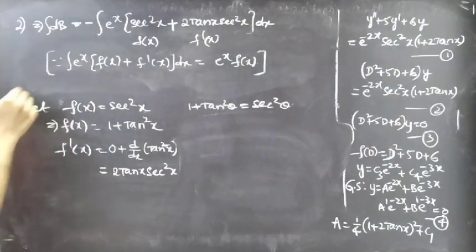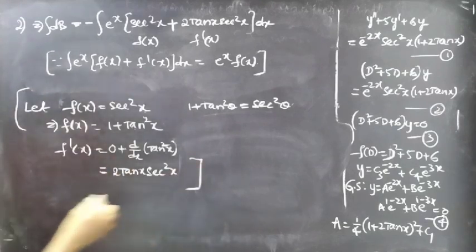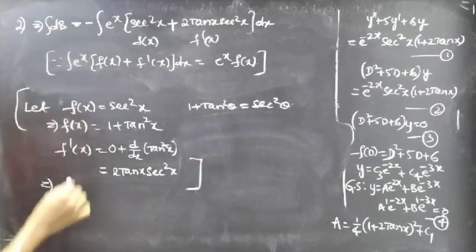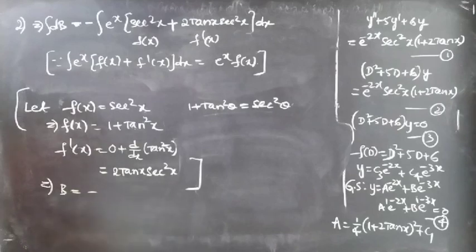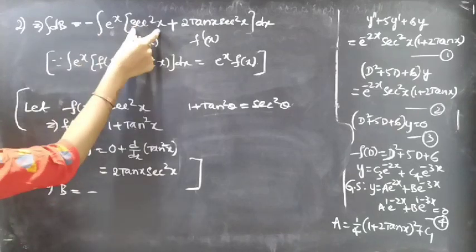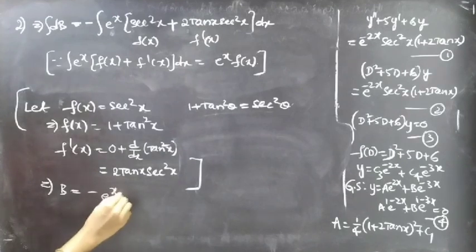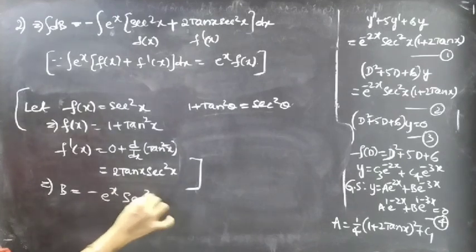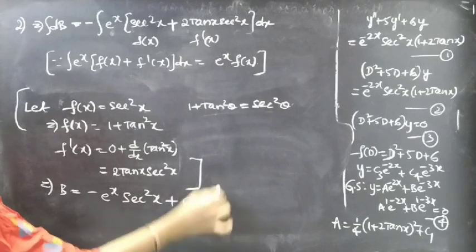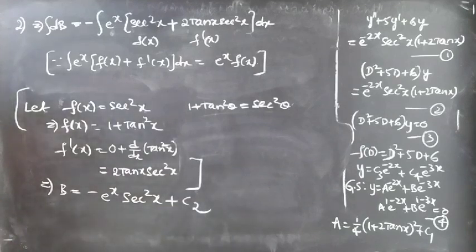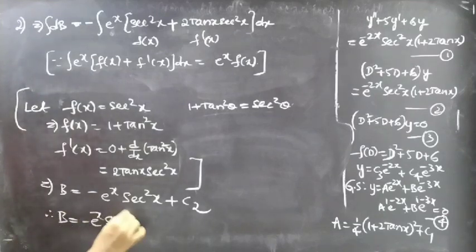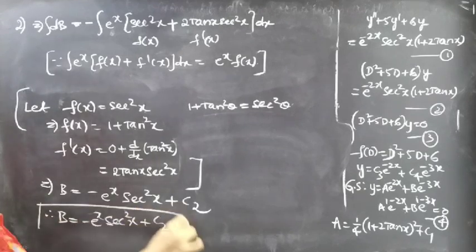Then integral db equals minus integral e power x f of x plus f dash of x into dx, which is minus e power x secant square x plus the integral constant c2. Therefore b equals minus e power x secant square x plus c2. We got a and b.